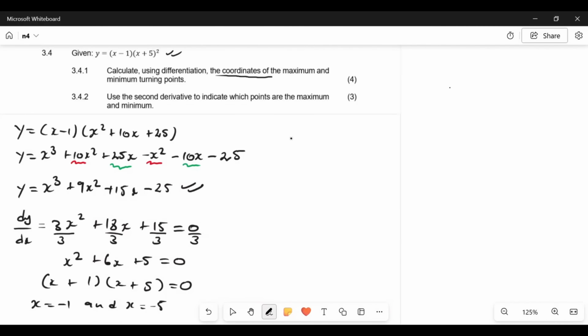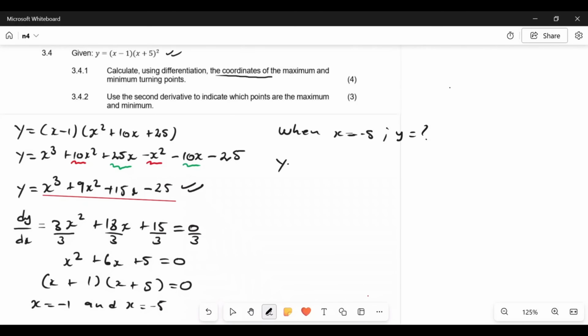It's time for us to find the y coordinates for the turning point. So when x is -5, what is our y? We're just going to substitute this -5, which is x, into the original equation. Remember the original equation, it is this one here. Let me highlight it very quickly. The one that we simplified, it is this one here. So let's continue.